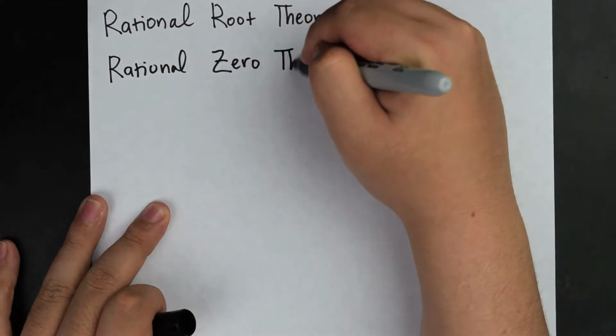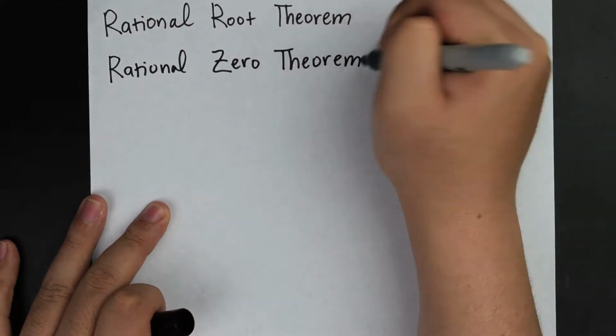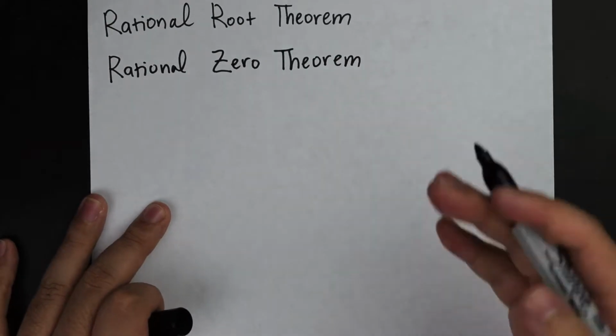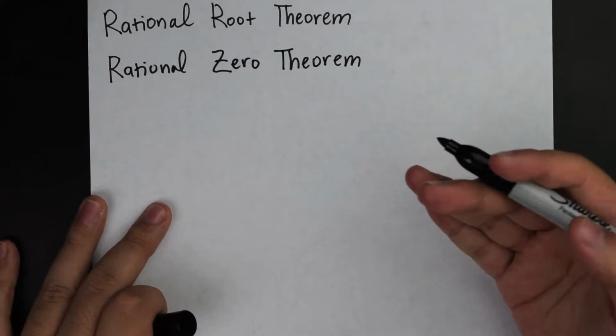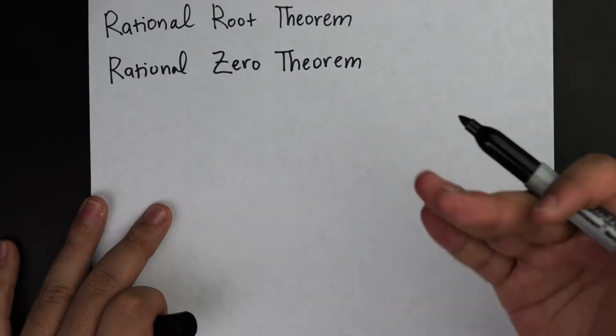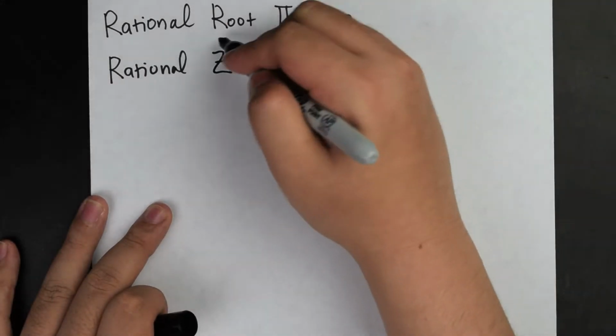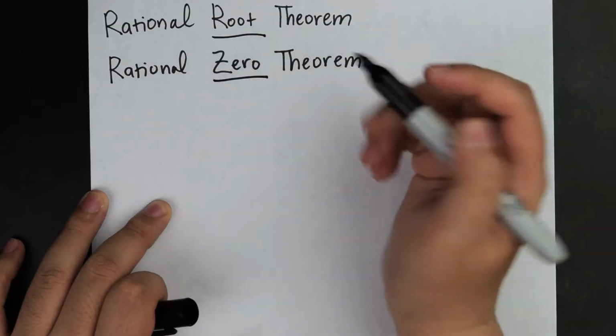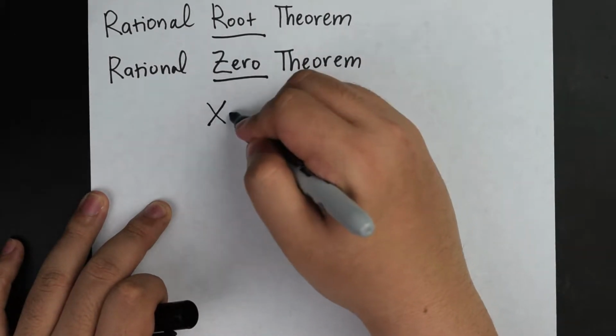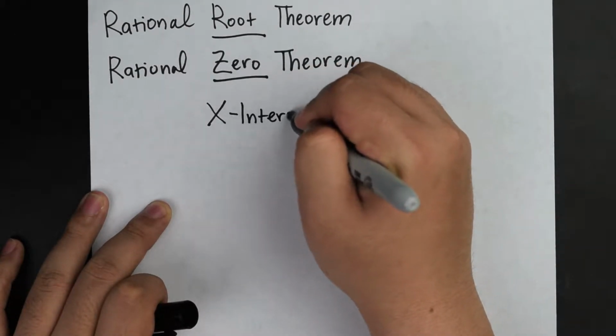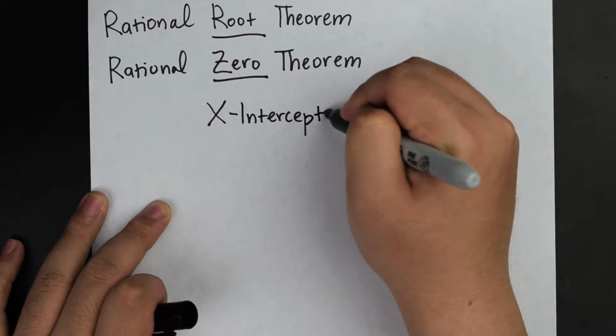This is exactly the same rule and concept. It's just that a lot of times when we talk about this type of theorem, there are a lot of different names for the same thing. Just as the term root and the term zero exist, another term that could exist is x-intercepts, as you would see sometimes.